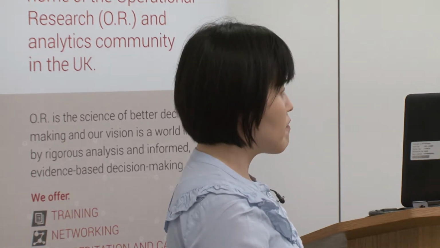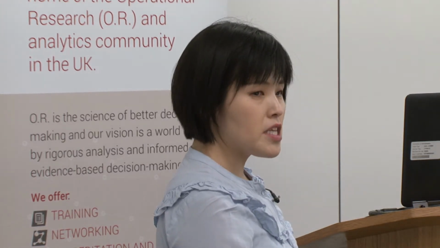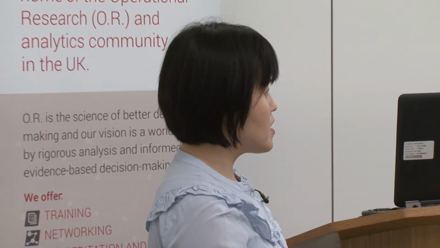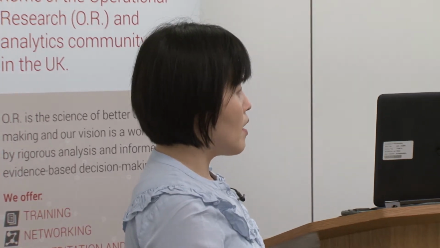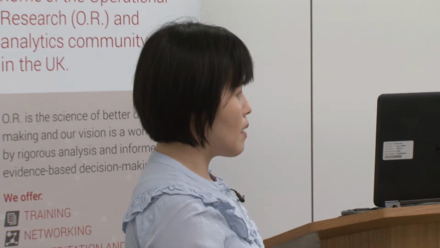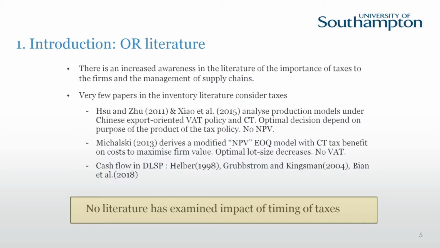From here, we can find there is a timing difference between when the taxes actually happen and when the retailer needs to pay back to the government. In the OR literature, we already find taxes applied in inventory control problems.